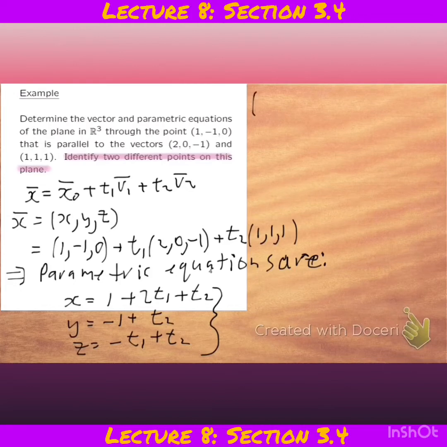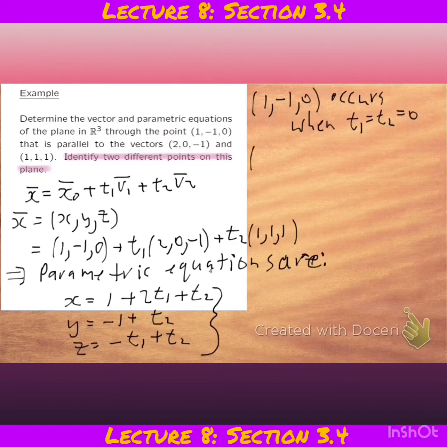Let's look at the point 1, -1, and 0. That occurs when T1 is equal to T2 is equal to 0. So that's one point on the plane.